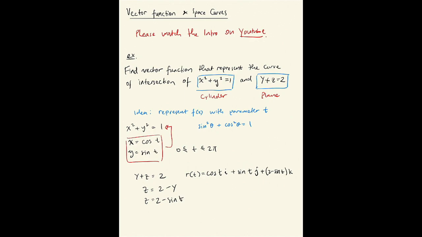If you're wondering what kind of curve, you can try to draw. So if this is 1, and then y plus z equal 2, so it's in the yz plane. So 2 is here.